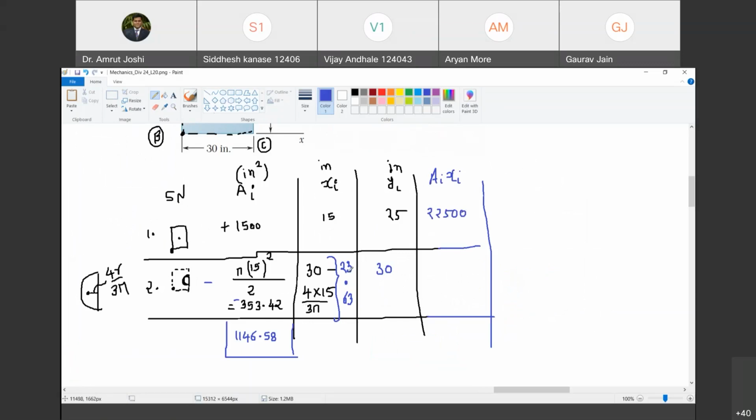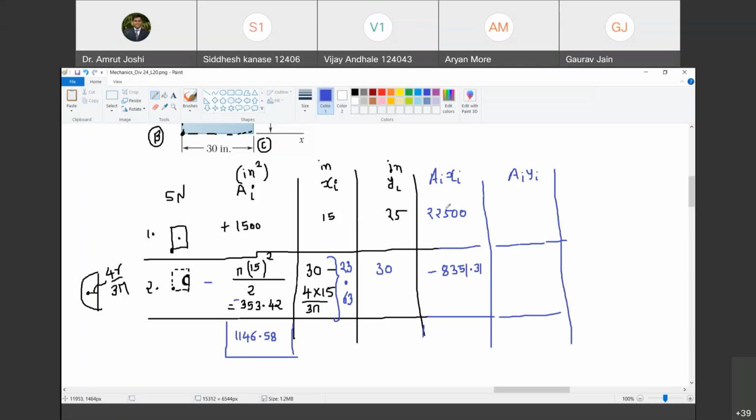What is the value of 23.63 into 353.42? That will be negative. So 8351.31.